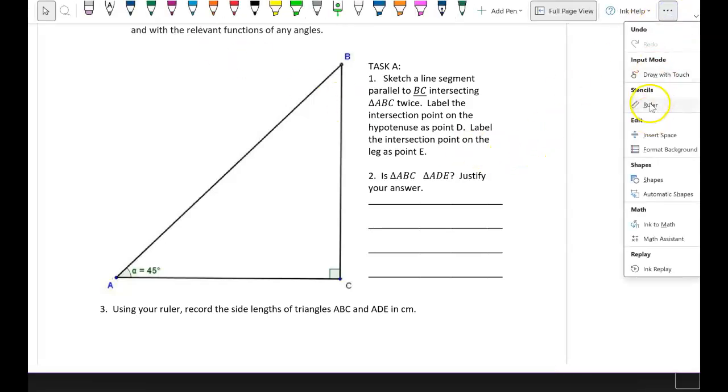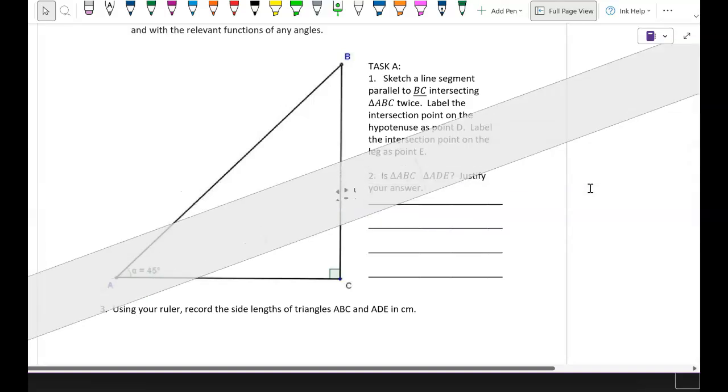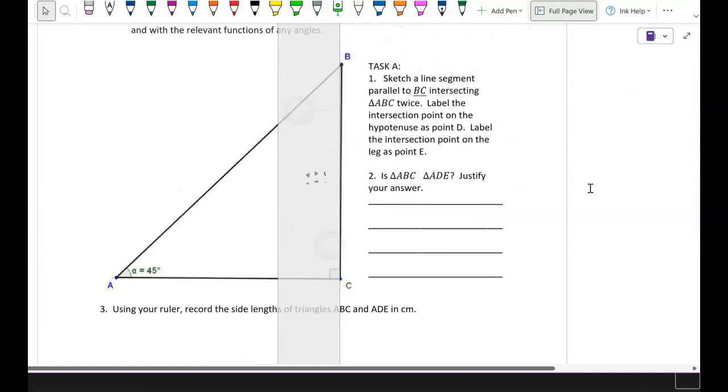So what that means, I'm going to take my straight edge. You can draw this line wherever you want as long as it's parallel to BC. I'm just going to use my ruler and draw my edge there.